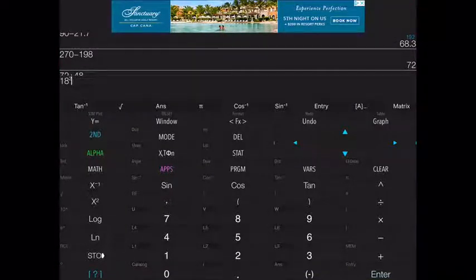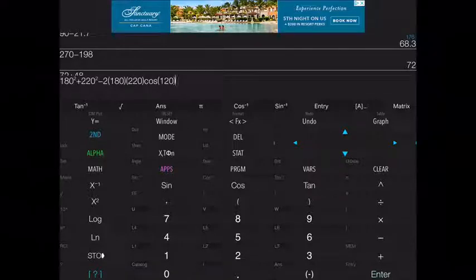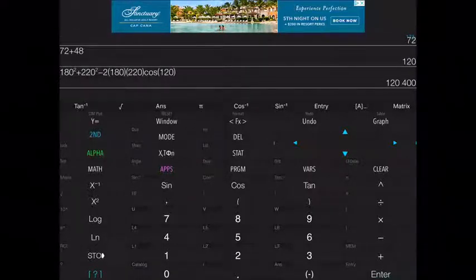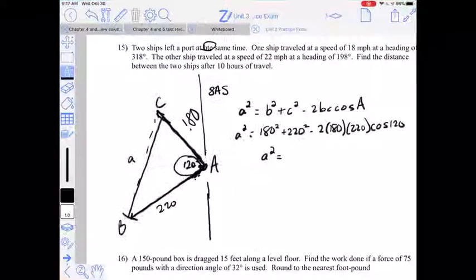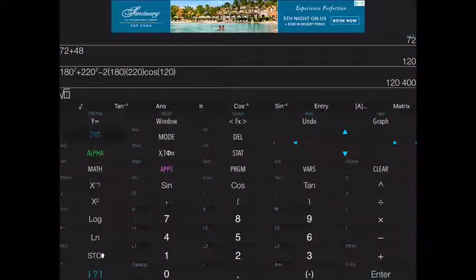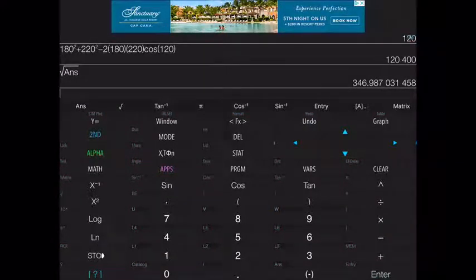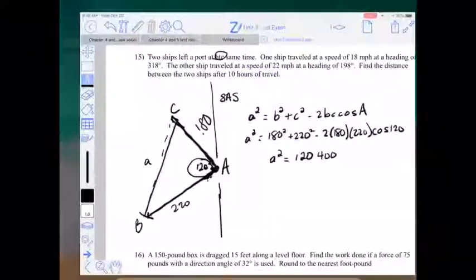So a squared equals 120,400. If we take the square root of that, we get 346.99.